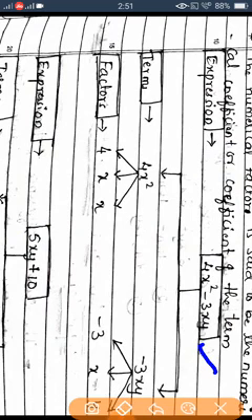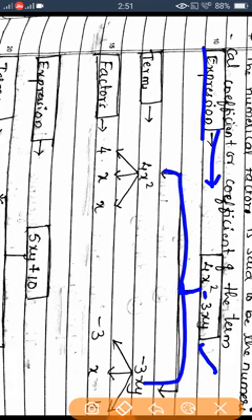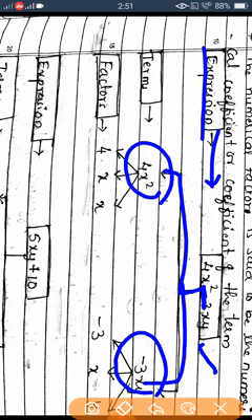Then an example I have taken: 4x square minus 3xy is an expression. It divides into two terms because there is a subtraction between them. 4x square is one term, and minus 3xy we have to take together, because we said terms are added, but here there is a subtraction, so the minus is taken together with the numeral. So the terms are 4x square and minus 3xy.